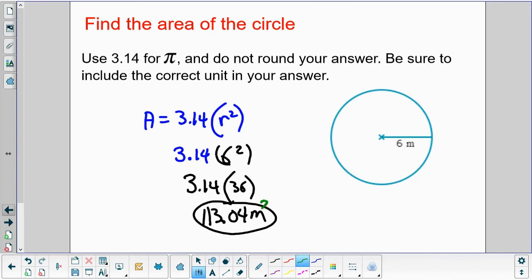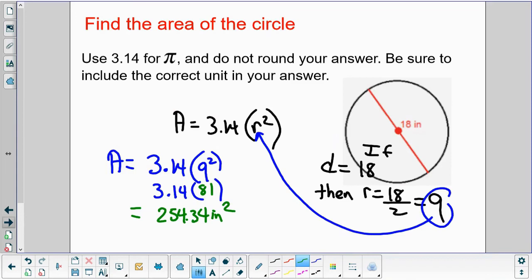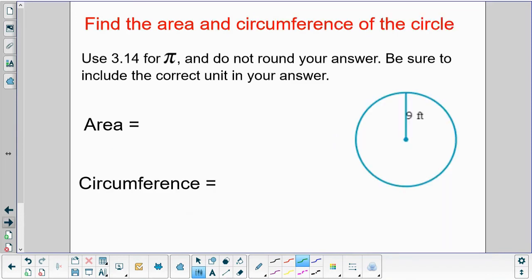All right. Okay, use 3.14 for pi and do not round your answer. I did happen to notice that on the problem before I did not put square units on our answer, so I switched back and took care of that. Okay, on this one, we've got a radius of 9. Wait just a minute.